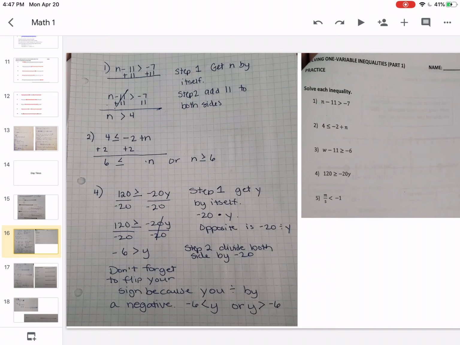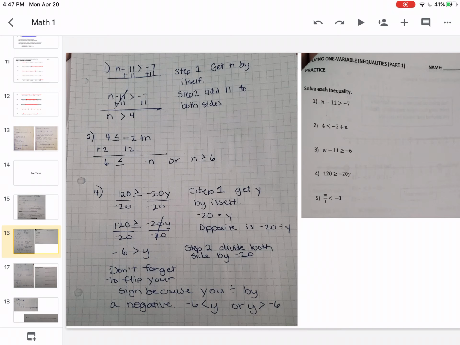Now I can cross the 11s out, bring down my n, bring down my greater than sign, and negative 7 plus 11 gives us 4.